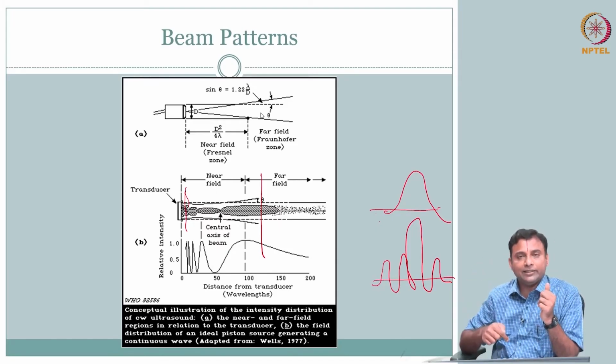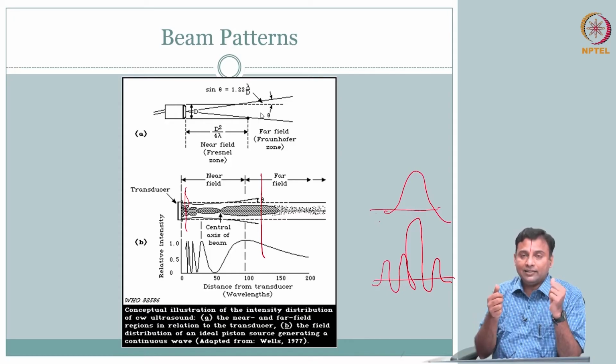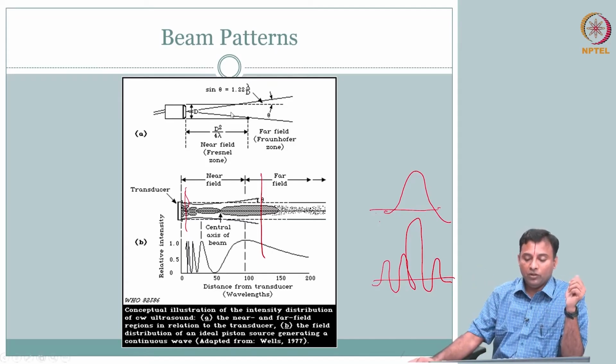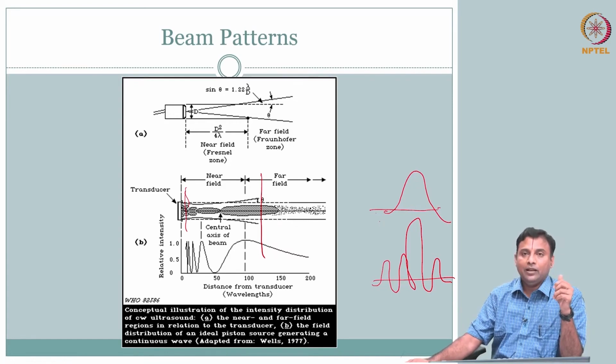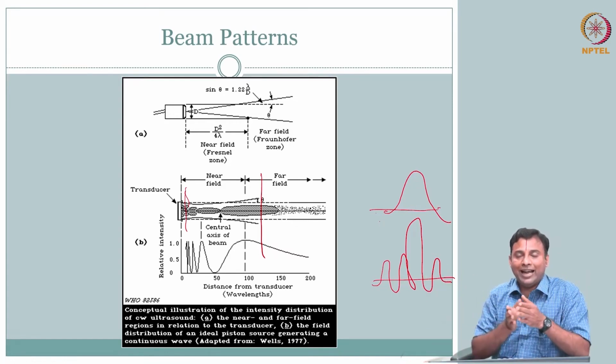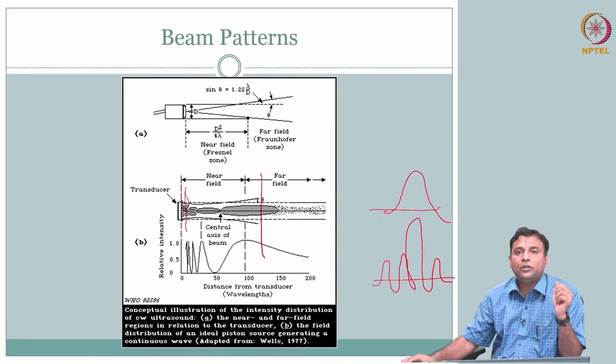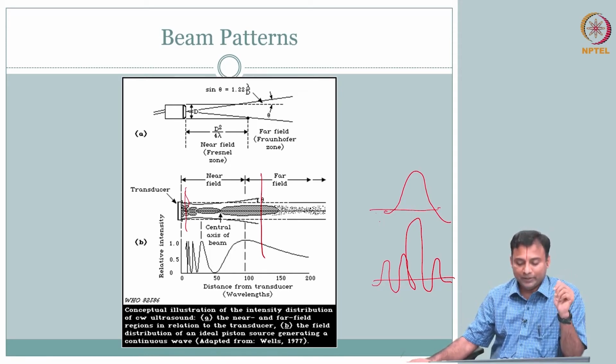The axial direction is fine where the high frequency wave is going, but the lateral is related to your beam width. So, we should be able to know what this divergence is. Divergence is not good, okay, because you are loosening up your lateral direction. If you have a point, it will spread more in the lateral direction. Point spread is going to relate to both your contrast and your resolution.